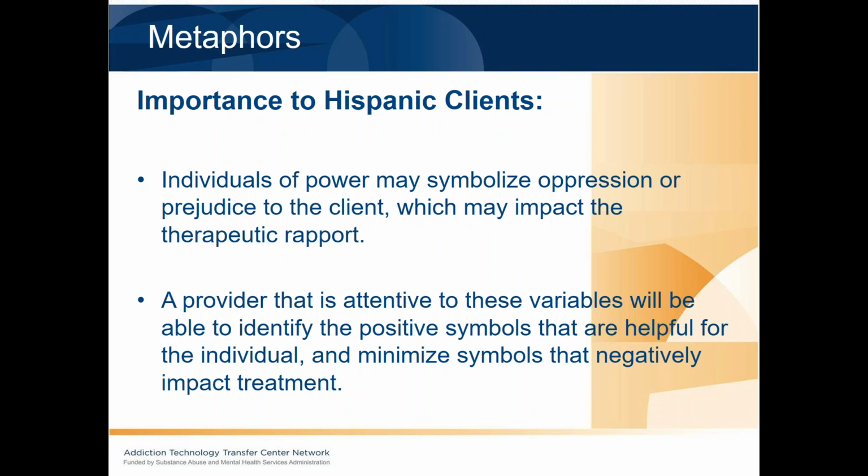Often I get clients coming from the criminal system, and even as they may have chosen to come to my agency for services, they were sent there by the court. And so I may be a symbol of just greater oppression for them. And it's identifying how our rapport is impacted by that. Being attentive to these variables helps us identify the positive symbols that are helpful and minimize the symbols that negatively impact treatment.